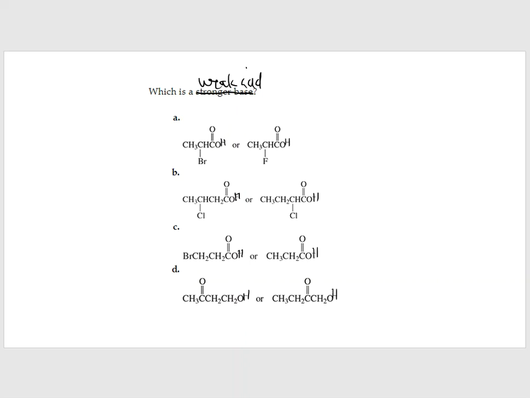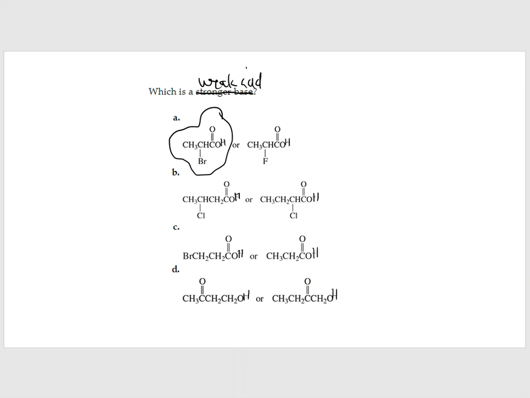We have acidic structures, and we can go through and make the same determination as if we were thinking about bases. So which is the weak acid? Well, bromine and fluorine are substituents. Fluorine is more electronegative. It's a better electron puller. That means that this is the strongest acid out of the two, which means this is the weakest acid out of the two.